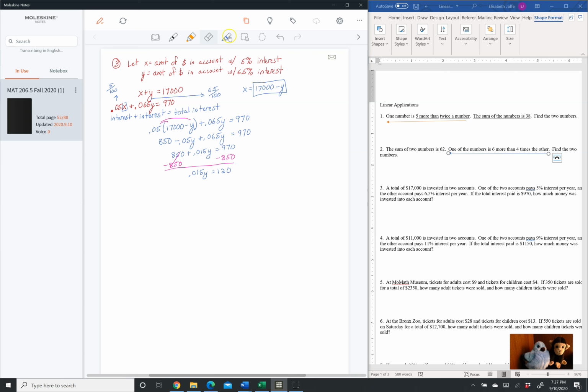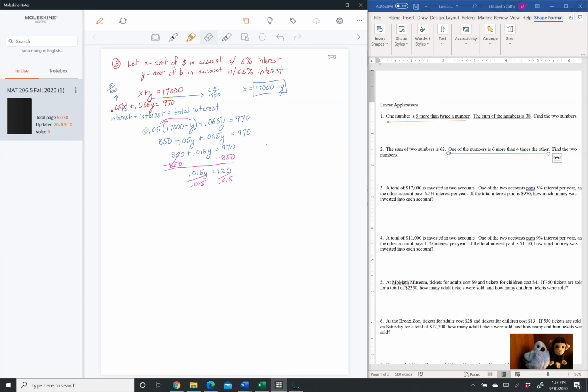We divide both sides by 0.015. And we get 8,000 for y, which is absolutely reasonable, right? I'll put that in blue. This is an absolutely reasonable amount. It's less than 17,000.